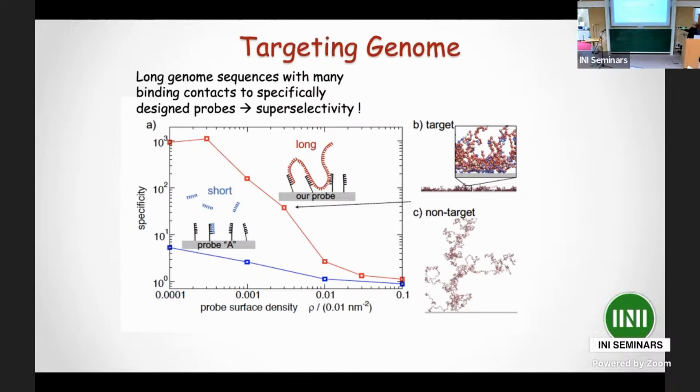Then this DNA genome can now multivalently bind to the surface, and we have shown again that by optimizing this procedure, we can have a specificity which is orders of magnitude better than the current methods now.